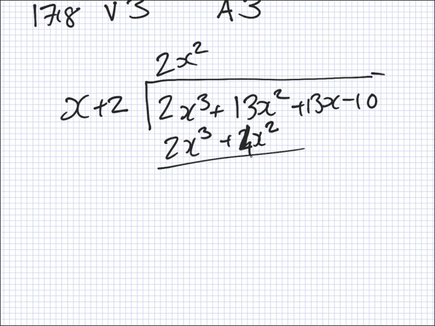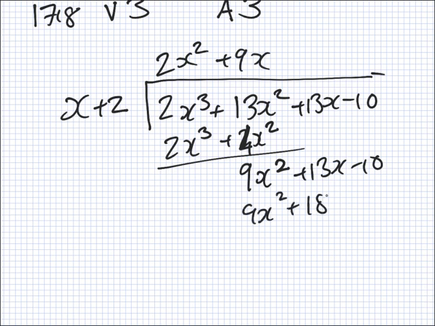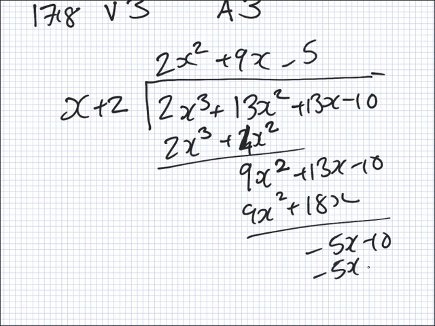Right, 9x squared? Is that right? Plus 13x minus 10. So the next one is 9x. So that's 9x squared plus 18x. Minus 5x minus 10. Minus 5x minus 10.